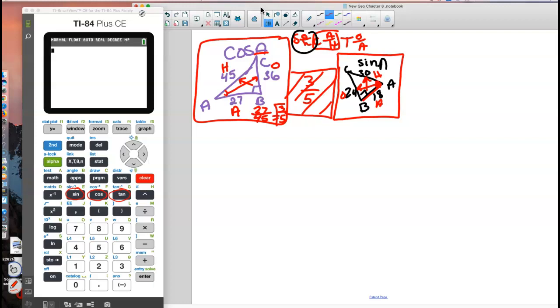So the sine would be opposite of A, which is the 24, over hypotenuse, which is the 30. When I reduce those, or divide them each by 6, I'd get a 4 on the top and a 5 on the bottom, which means I'm going to continue, shade in 4/5, and continue to the next box.